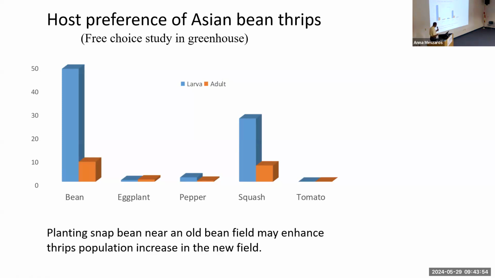Eggplant, pepper, and tomato had very few. The idea behind this slide is to let you know that when you plant bean near another bean, you may have heavy infestation of these bean thrips, but if you have other crops, the infestation will be less.